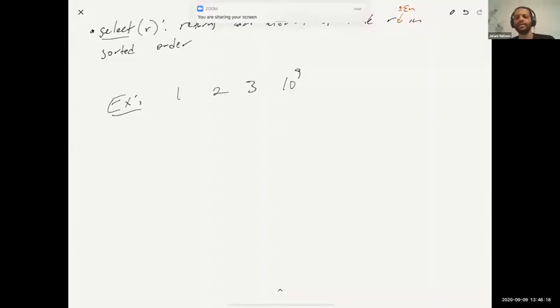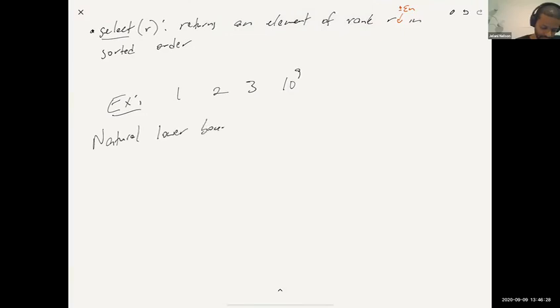So let's go back to the web here. There's a natural lower bound for, let's say, comparison-based algorithms.